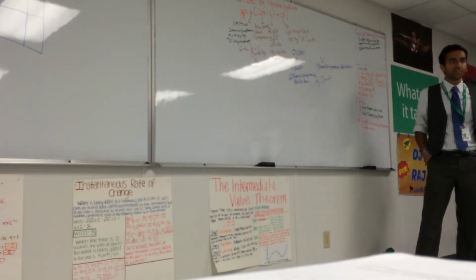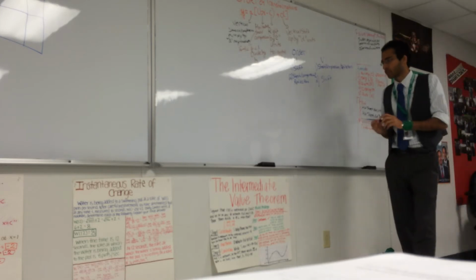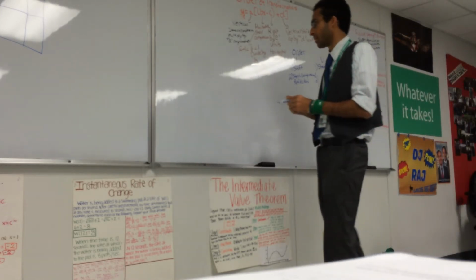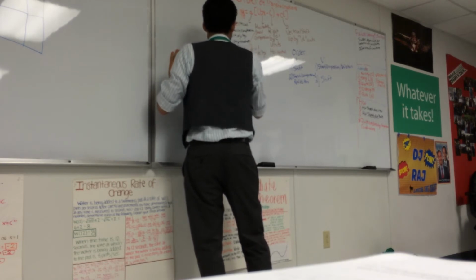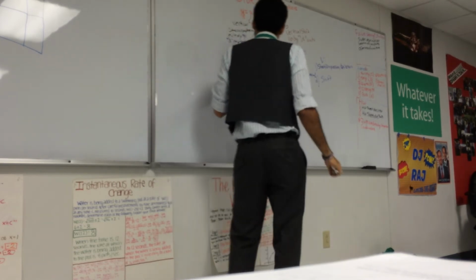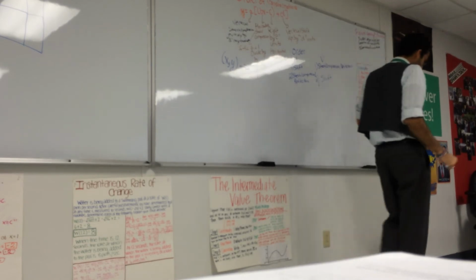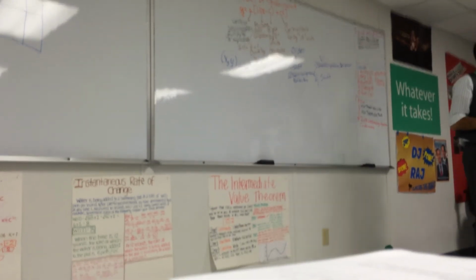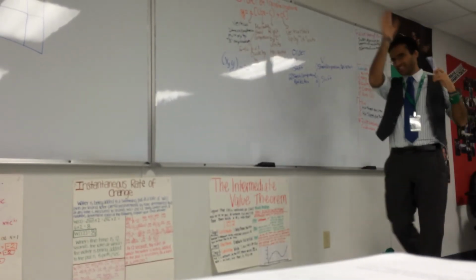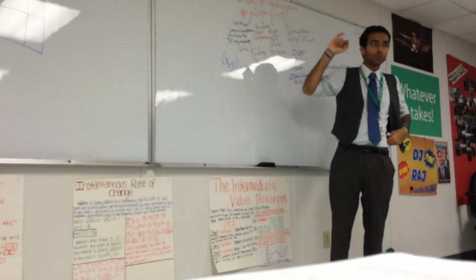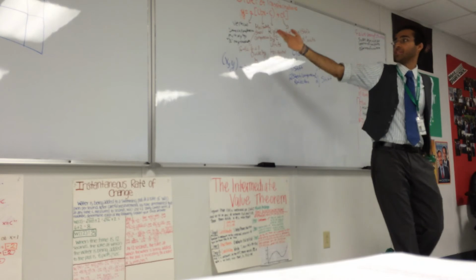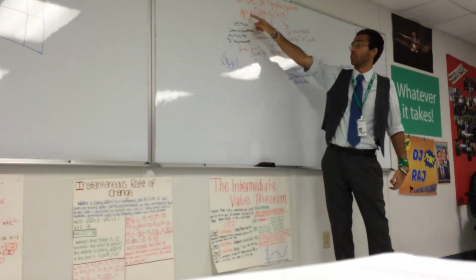Now, this formula that I'm about to give you is like the greatest tool you'll ever receive for this unit, ever. The Holy Grail. If you imagine that I have the point x comma y on the original function, like in this case y equals x, that's the original y equals x.